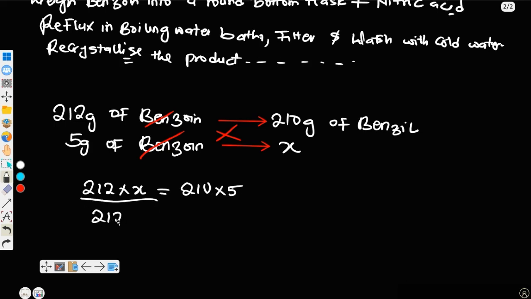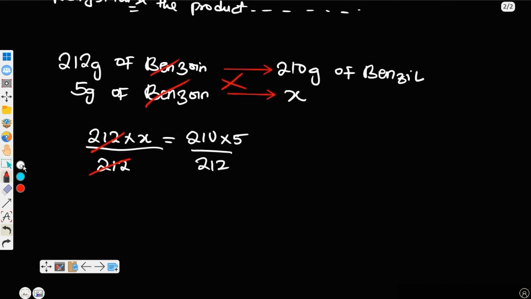So we divide both sides by 212. This will cancel this, and then our x would be equal to 210 times 5 divided by 212.